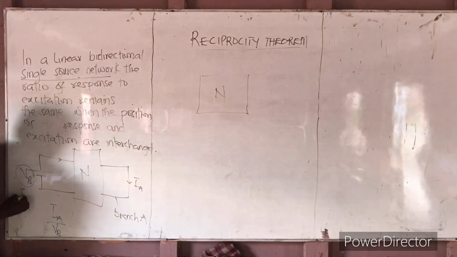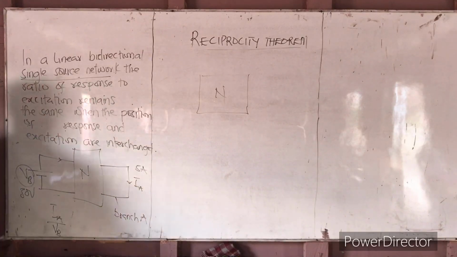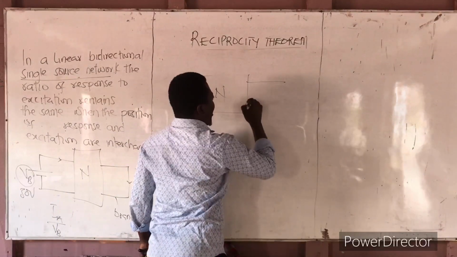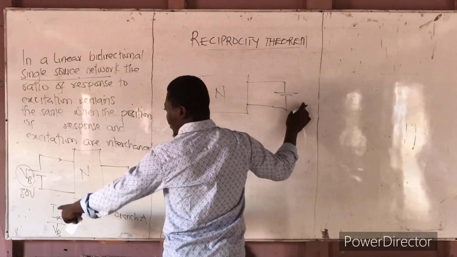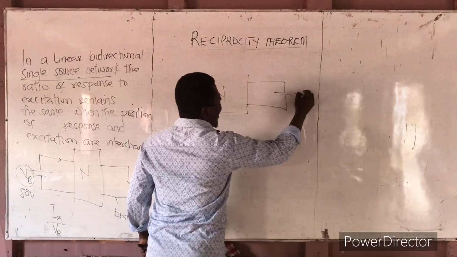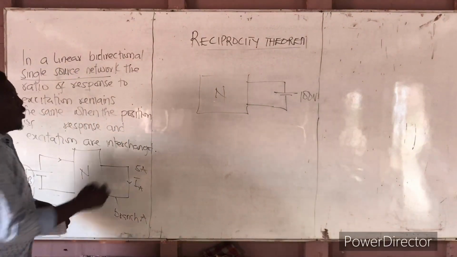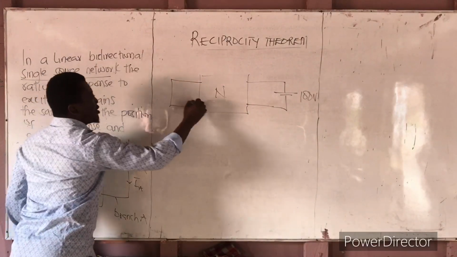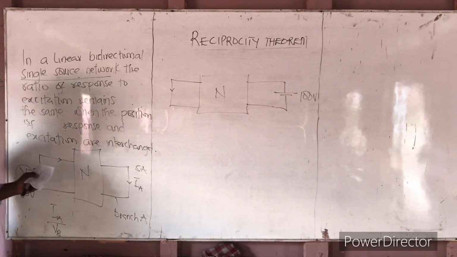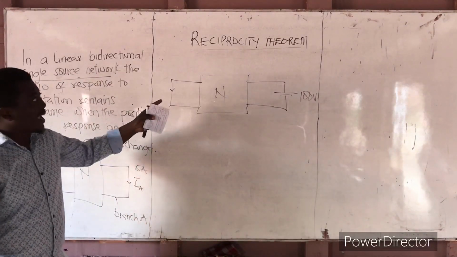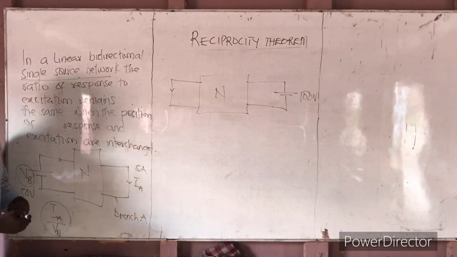Assuming this one was 30 volts and it is producing 5 ampere current, and they exchanged the battery and brought it here, and this time it is now 100 volts, and they want us to find the response of this 100 volts. What reciprocity theorem is telling us is that the response or the ratio is going to remain constant.